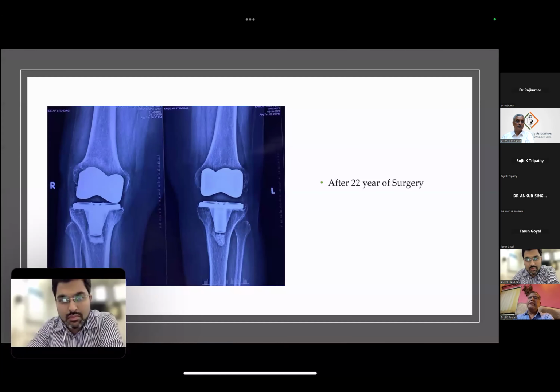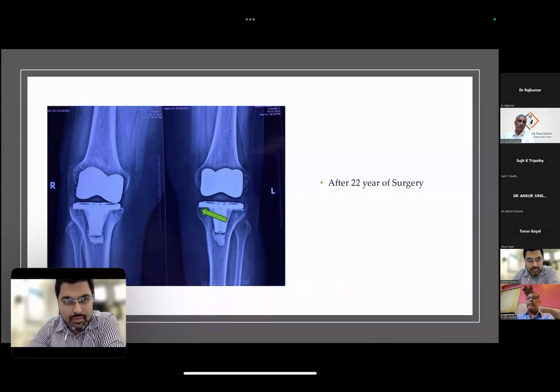And this was the weight-bearing X-ray I did in my OPD. After 22 years of surgery, you can see on weight-bearing there is an asymmetrical joint space, more significant on the right side, but less on the left side.